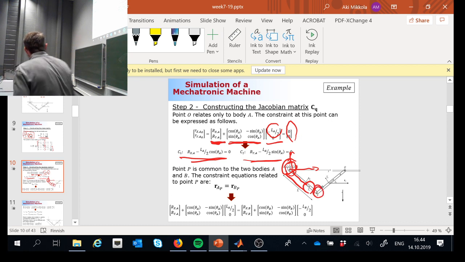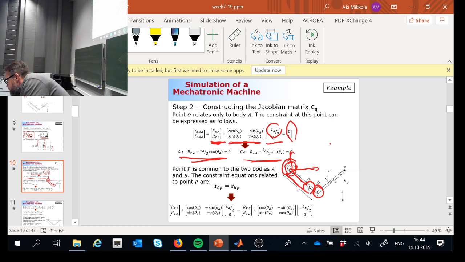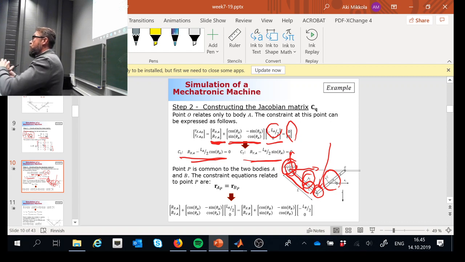The point is called P, very small font, but it's P. We first go to this point by using the body reference coordinate system, and we redo the whole thing using the body reference coordinate system B. Once we set those two equations equal, that means this point has to be common no matter what, and that can be expressed mathematically like it is here.